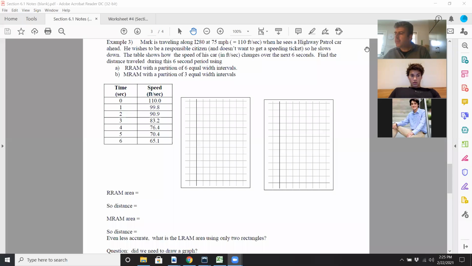Okay. So we're now talking about example 3 of the section 6.1 notes. Give me one sec here. Hold on a sec.